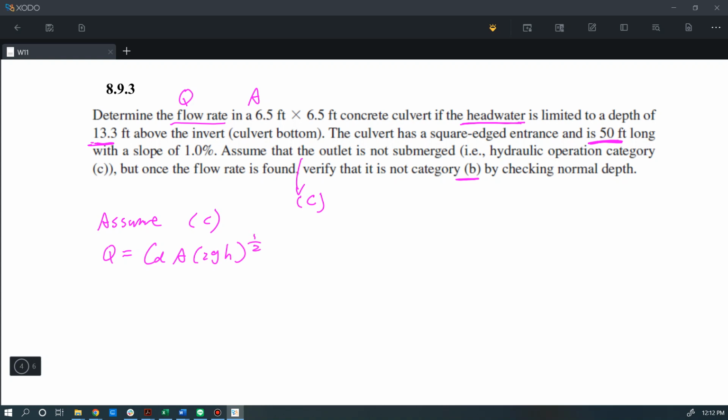Okay, and this H here is the depth above culvert center. Okay, and because this is a concrete culvert, so CD is equal to 0.6.